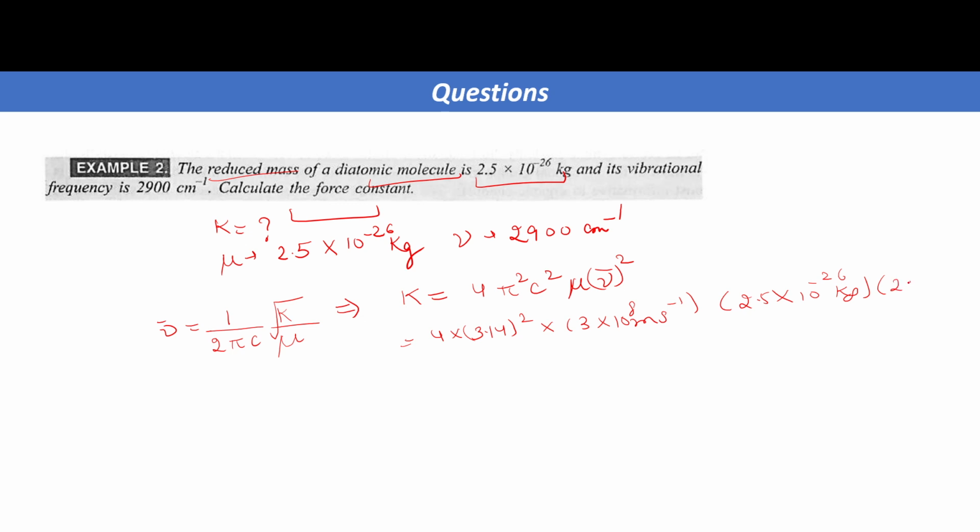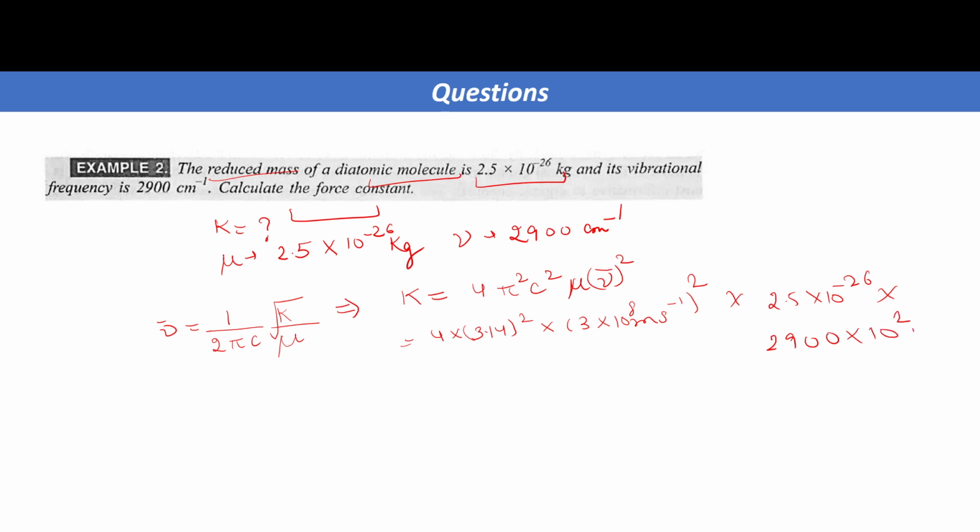Pi square, c square, into this value. Now it is in centimeter inverse, so we convert it into meter.